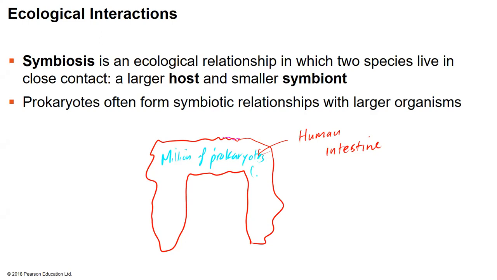These are called prokaryotes and eukaryotes, or microorganisms in general. And this is an example of a symbiotic relationship. The human is considered, in this case, a host because it is the larger animal, and some of these prokaryotes are bacteria, they are considered the symbionte.